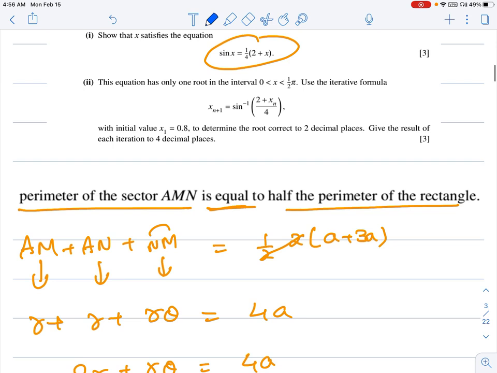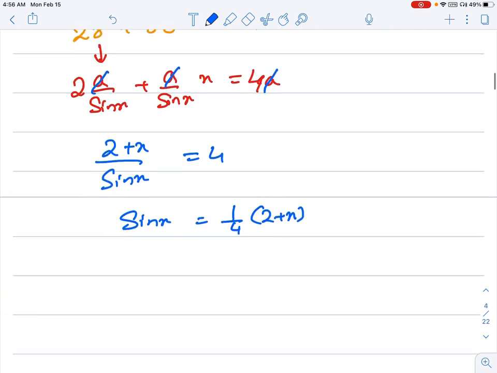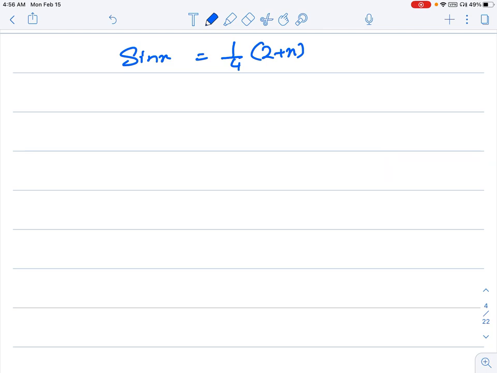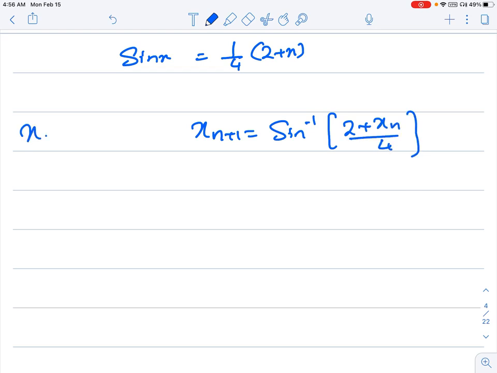Now the equation has only one root. Use this iterative formula: x n plus 1 is equal to sine inverse of (2 plus x n) by 4, where x1 is equal to 0.8. So what is the iterative formula? x n plus 1 is equal to sine inverse of (2 plus x n) upon 4, and the x1 value is 0.8.